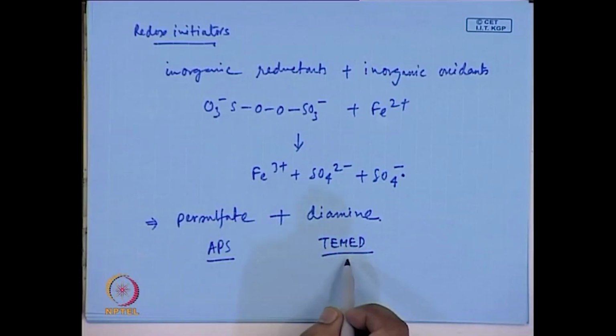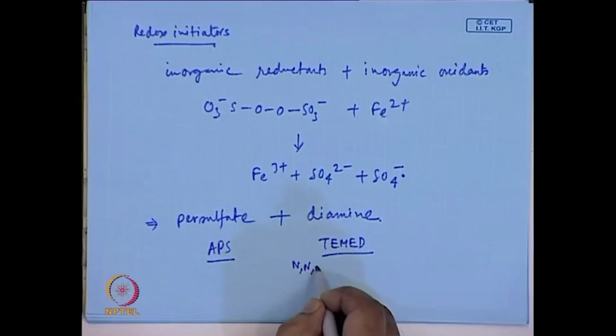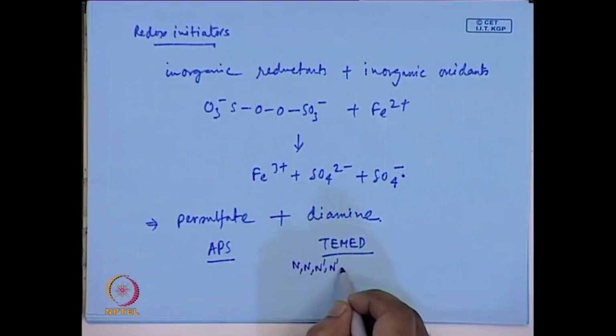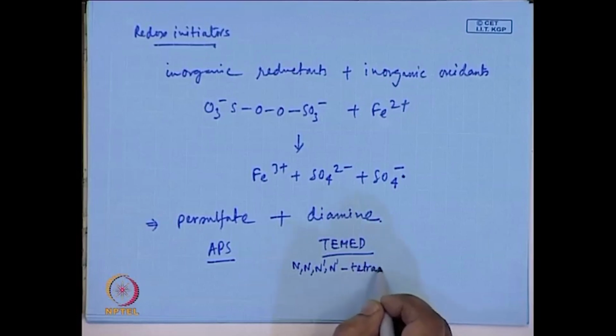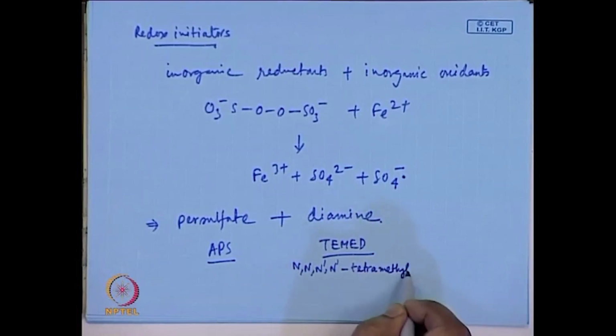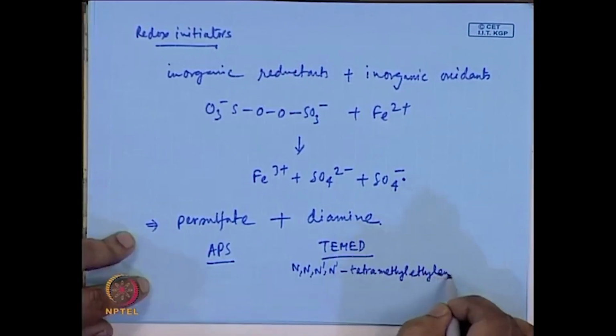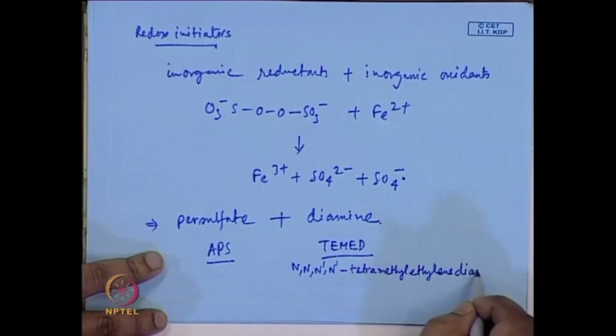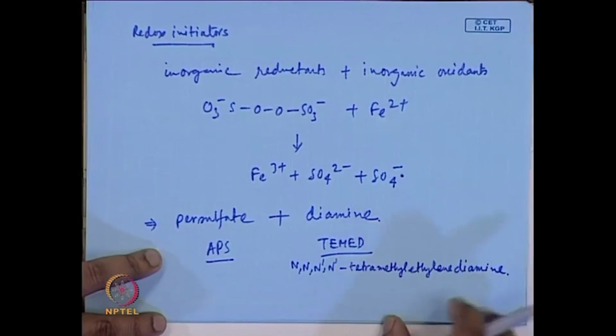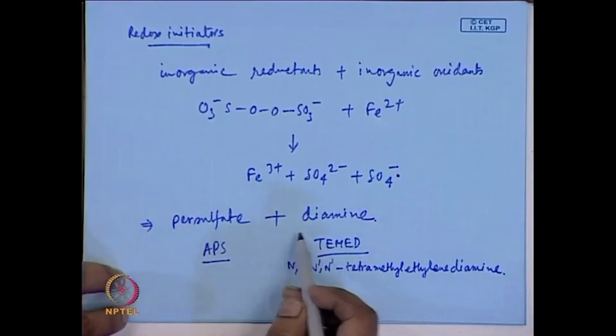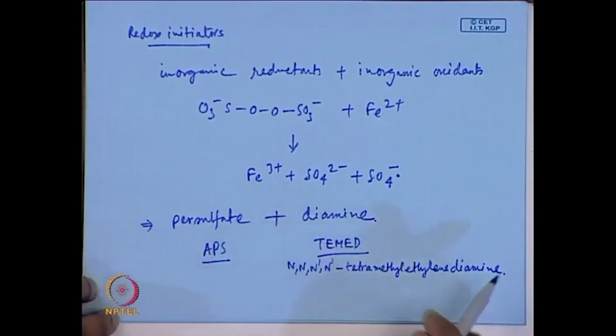TMED is N,N,N',N'-tetramethylethylenediamine, basically a diamine. So, the combination of persulfate plus diamine gives the radical. Now, we talked about thermal initiators, and we now learned about the redox initiator.